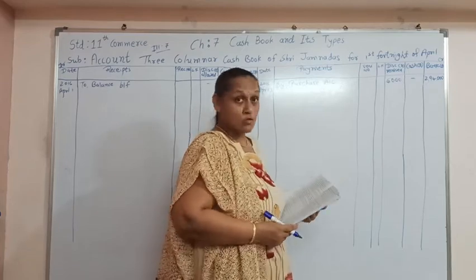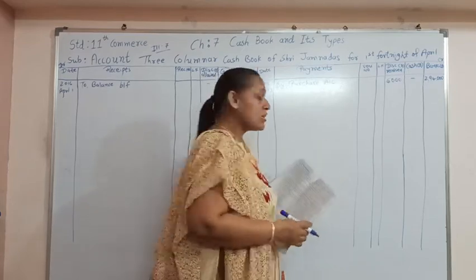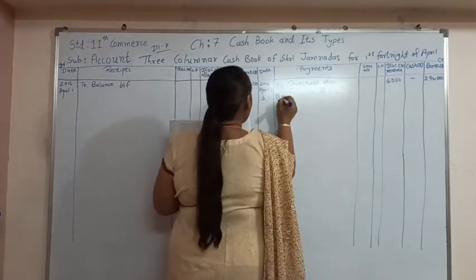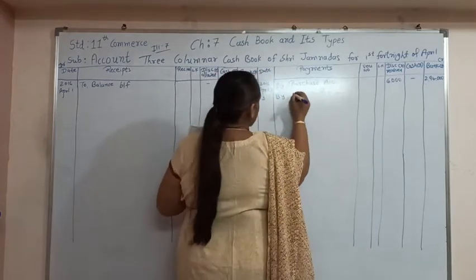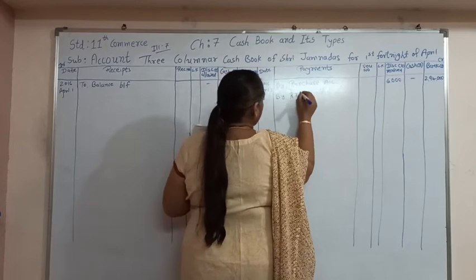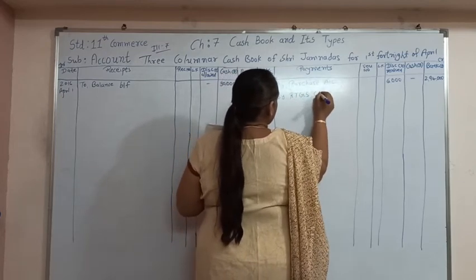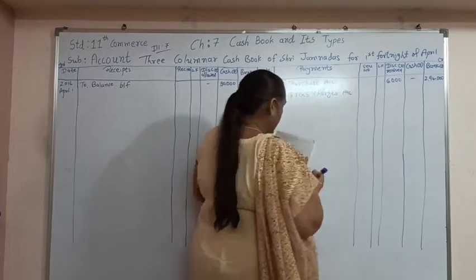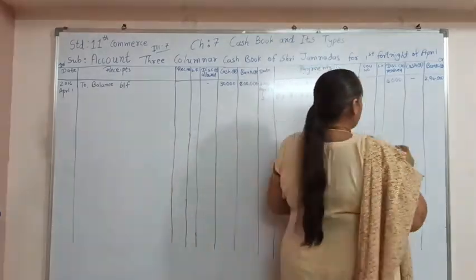So that is also going to be credited in the bank column. So on third, another entry will be by RTGS charges account, and that will be 30 rupees.